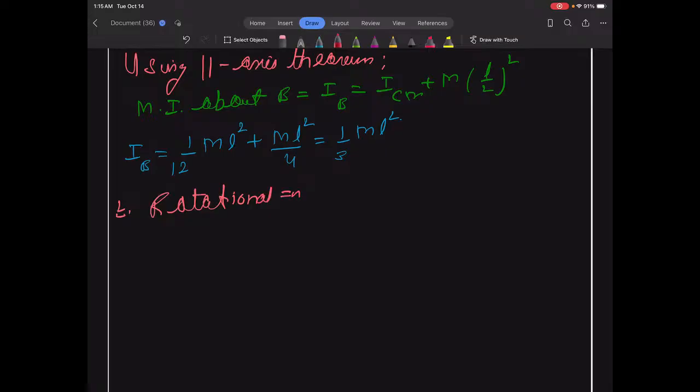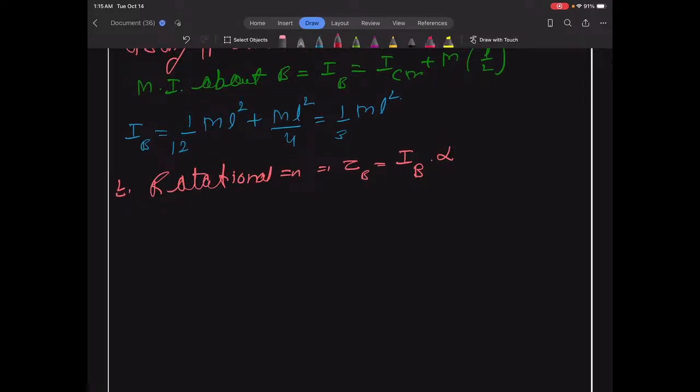So you can say our rotational equation, which is nothing but our torque at point B, will be equal to moment of inertia at B, and that needs angular acceleration. Okay. Torque at B, we already know it, so we substitute, we get this as mg L by 2. I of B is 1 by 3 m L square times the angular acceleration.